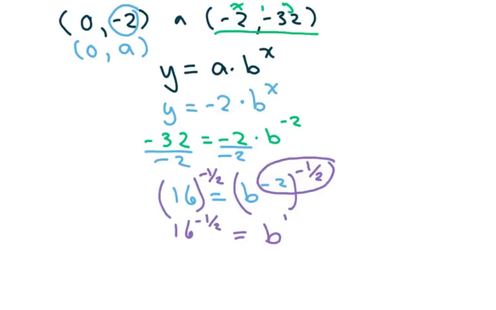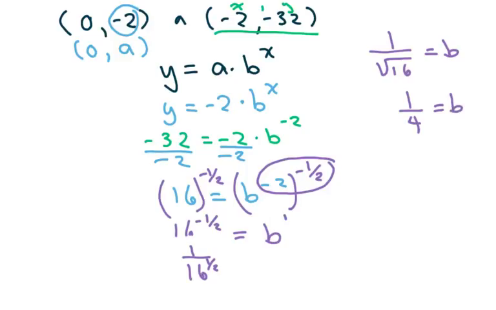Now remember, the negative is the inverse exponential identity, so that's really going to be 1 over 16 to the 1/2. Let's put it in radical form. You don't have to, but that's like saying 1 over the square root of 16 equals b. So 1 over 4 equals b.